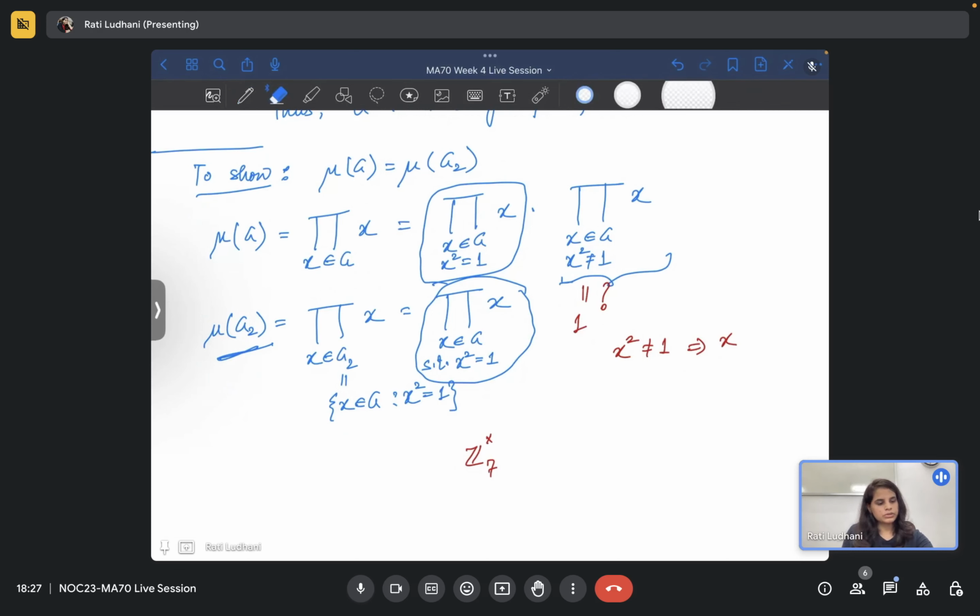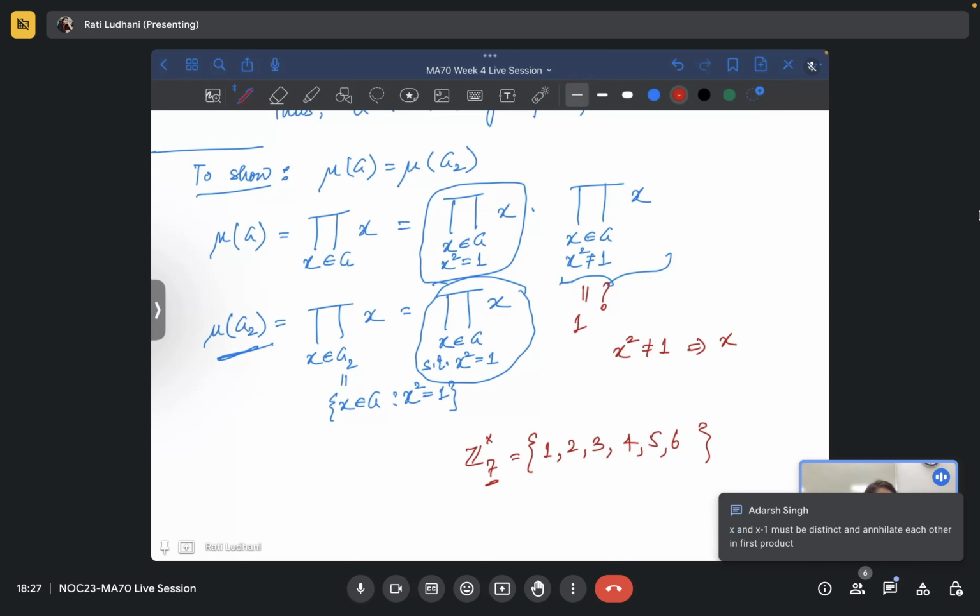I have taken cross, so it's the units. So that is 1, 2, 3, 4, 5, 6. Because 7 is prime, the elements mod 7 will look like 1, 2, 3, 4, 5, 6. I have just picked the representatives.